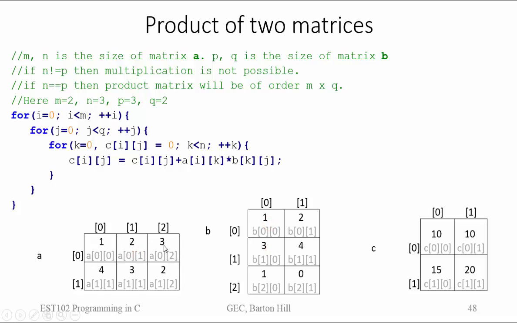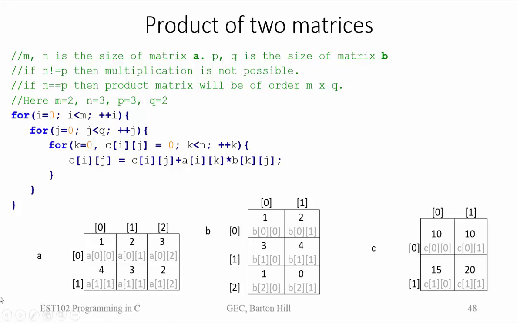Then we find A of 0, 2 into B of 2, 0, which is 3, and add it to 7. Thus we get 10.